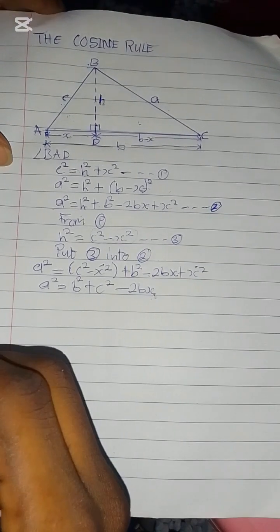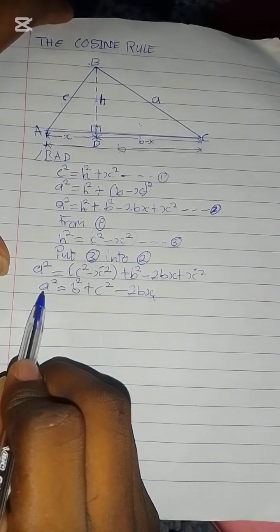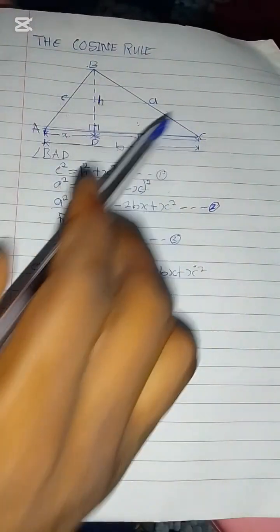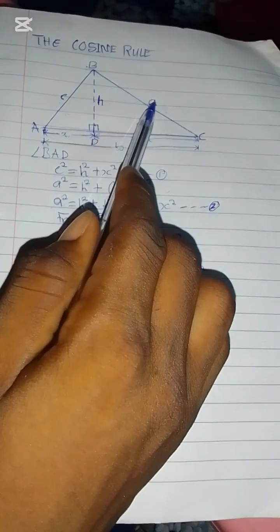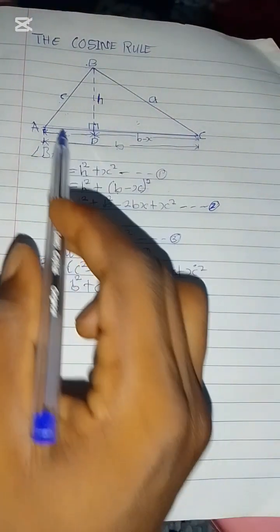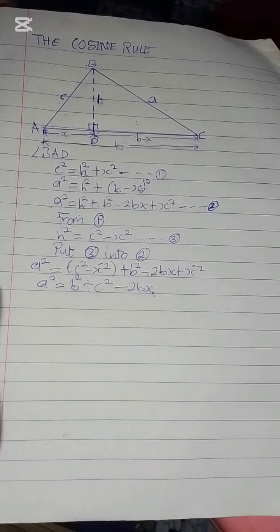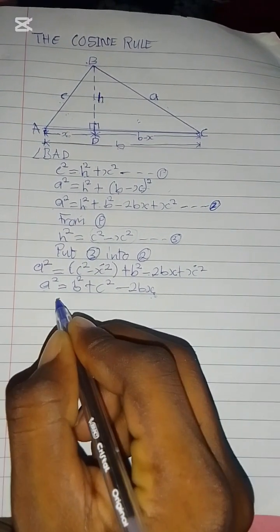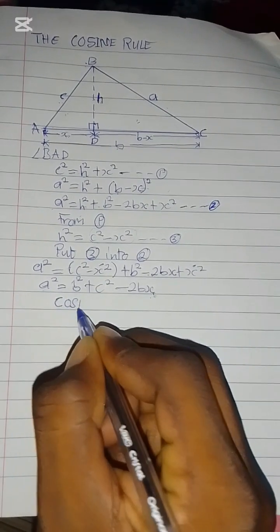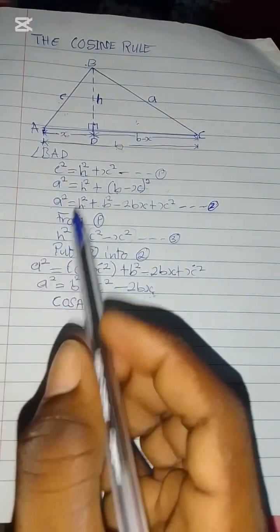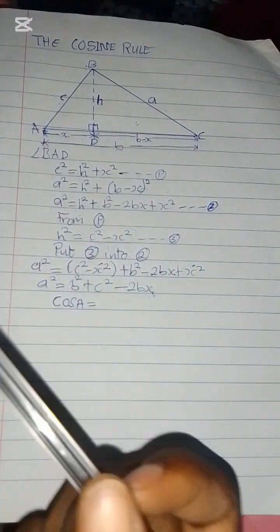Since we want to find the cosine rule, the line we are using is line BC, and we use letter a to represent it. Since we are considering this line, we have to take the cos of this angle A. Cos A is the ratio of the adjacent to the hypotenuse.